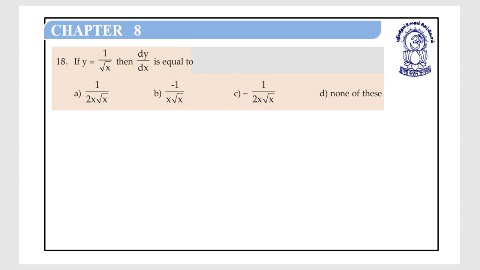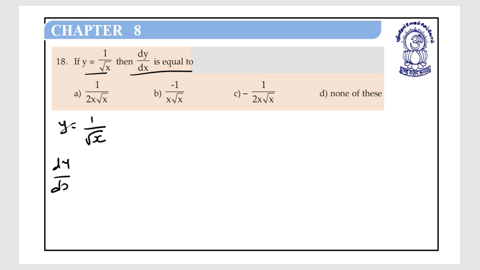If y is equal to 1 upon under root x, then dy by dx is equal to? How can we find dy by dx? Think about it. Let's see. y is equal to 1 upon under root x is given, and you have to find dy by dx.